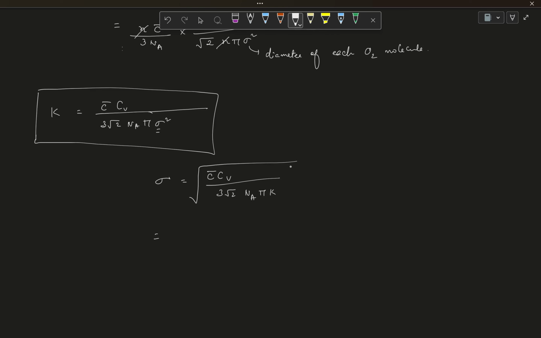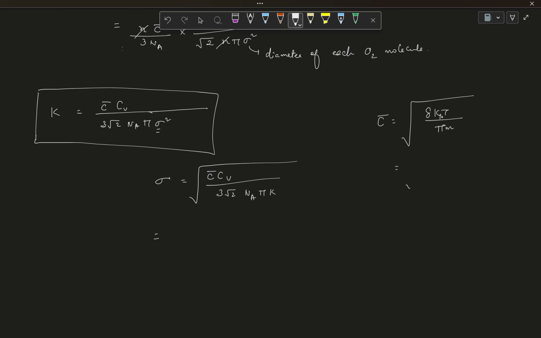So first of all, we have not yet calculated what C bar is, so let us do that first. C bar is equal to simply root over of 8 KT by pi m.